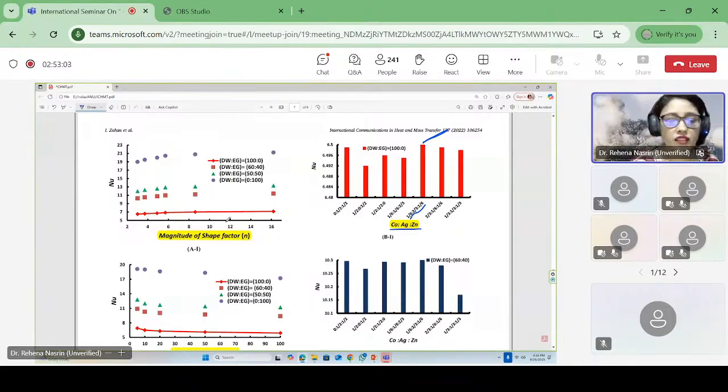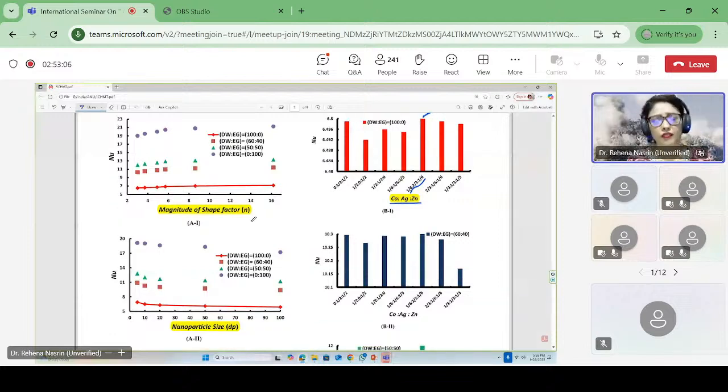And this is the shape factor: different types of shape, like linear shape, triangle shape, cylindrical shape, spherical shape, and blade shape nanoparticles. There are different shapes of nanoparticles.